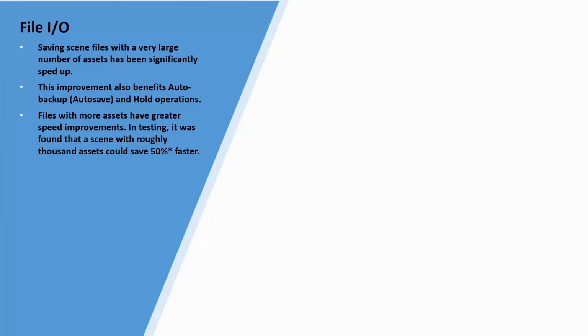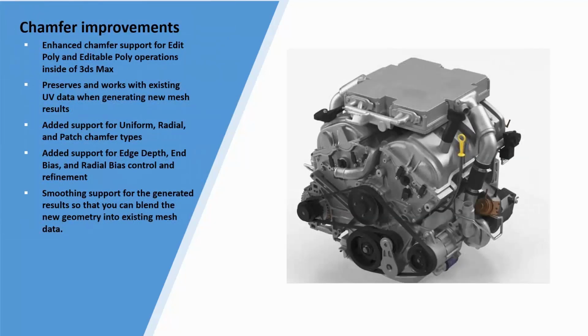The next bit that has come into the 2021 edition of 3ds Max is the improvement to chamfers. There have been massive improvements to the chamfering environment in terms of providing consistency with the chamfer modifier work that was added and refined in previous releases.